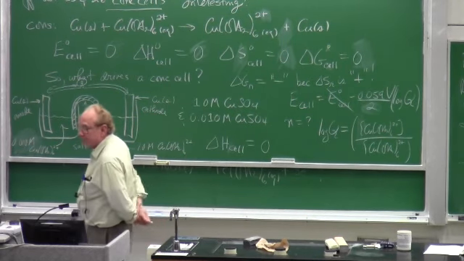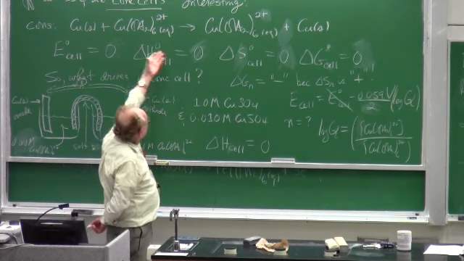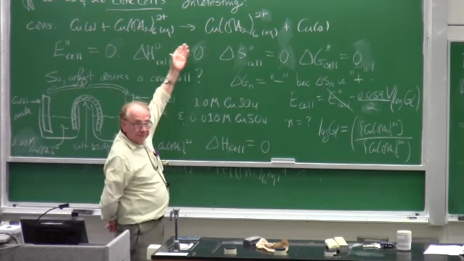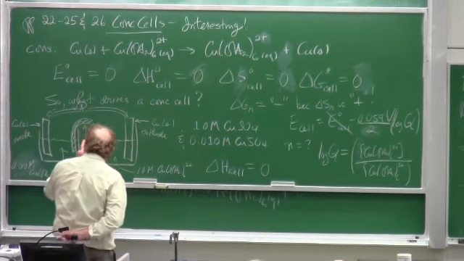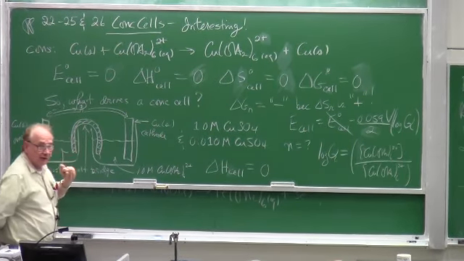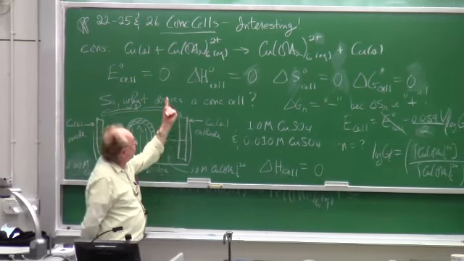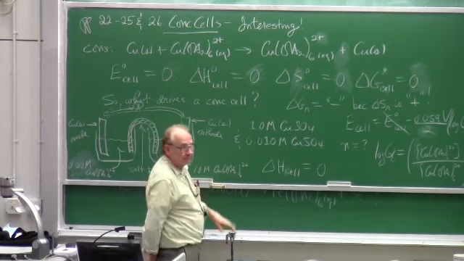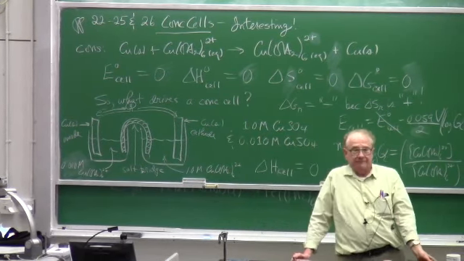Here's the system. Which of these copper ions, the reactant copper ion or the product copper ion, is the copper ion in the anode half cell? Reactant copper ion or product copper ion?